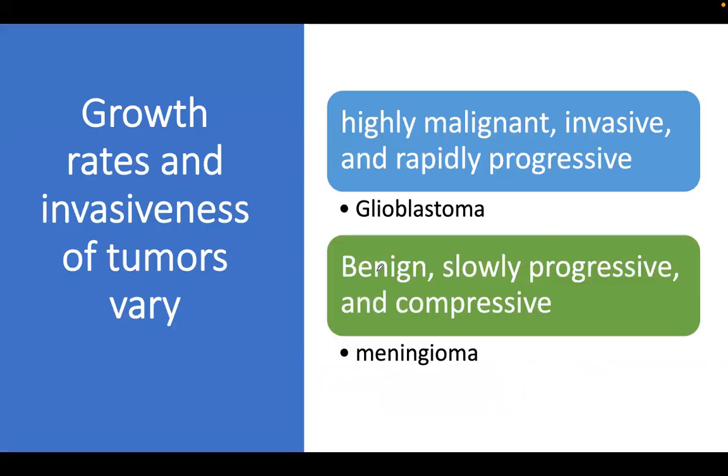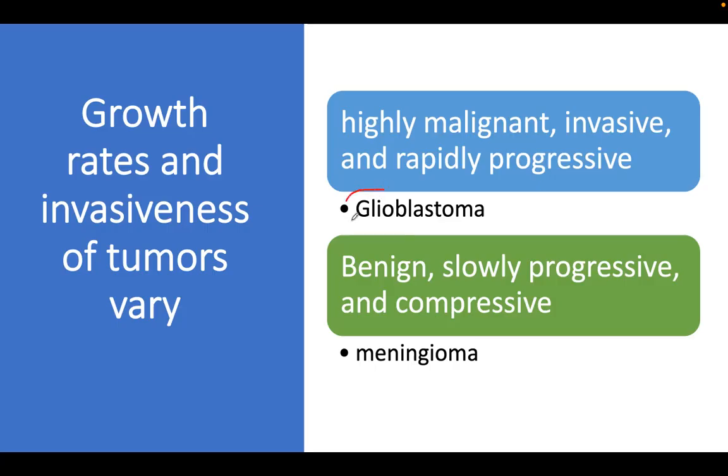Now, another principle I want to share with you, which is discussed in our textbook, is that the growth rates and the invasiveness of tumors actually vary. In other words, the behavior, the aggressiveness, the invasiveness, the growth of a tumor differentiates. Why?